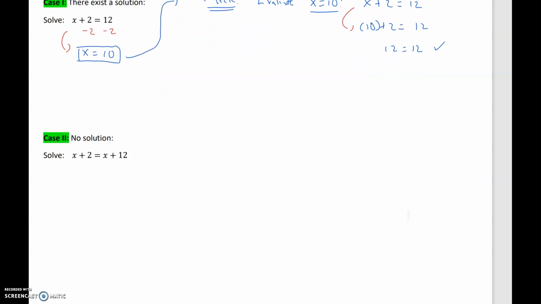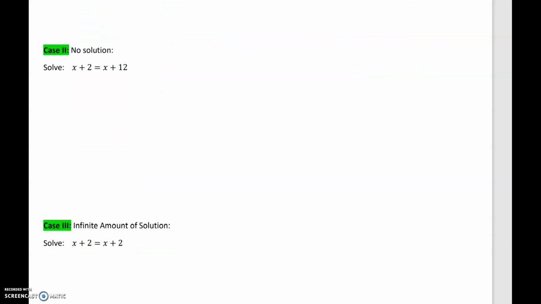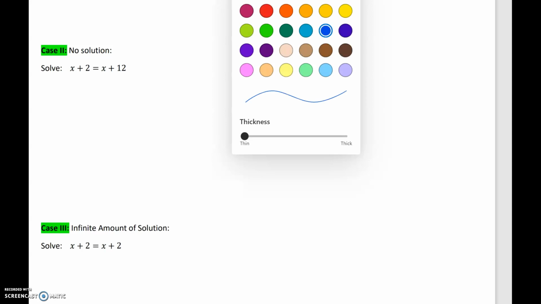For example, let's take a look at case number 2, which is the no solution. In this situation, if you were to solve the equation, something happens as you try to rearrange the x's or put them on one side of the equation. Now, remember the rules. The operation you do to one side, you have to do to the other side.